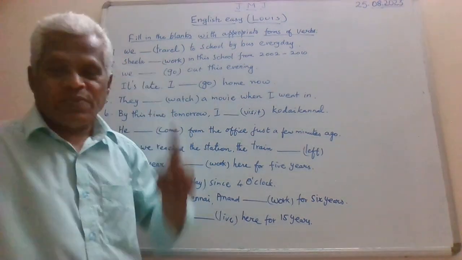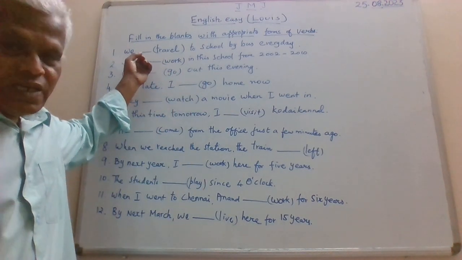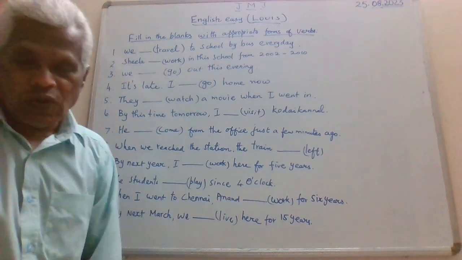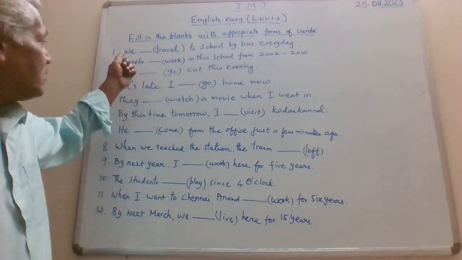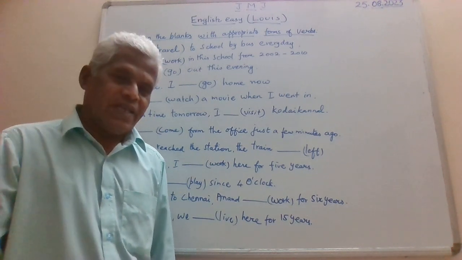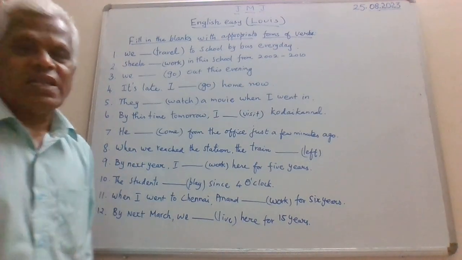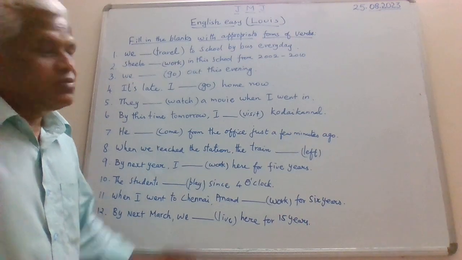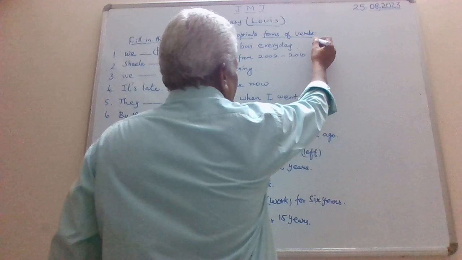Now when using a simple present tense verb, you have to make sure whether your subject is third person singular. If your subject is third person singular, you must add s or es. But we don't have a third person singular subject here. We have first person plural, we. So it is easy for us to write the correct form of the tense here. What is the answer here? Simply we write the same verb as the answer.